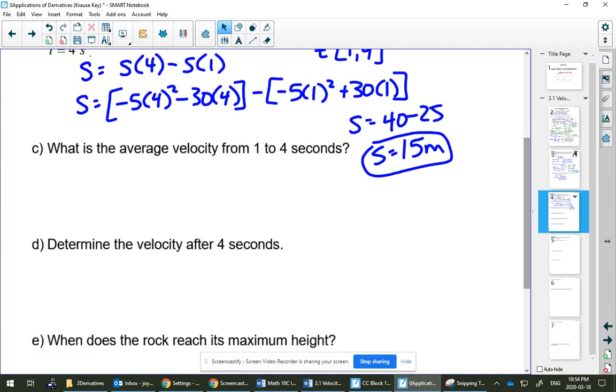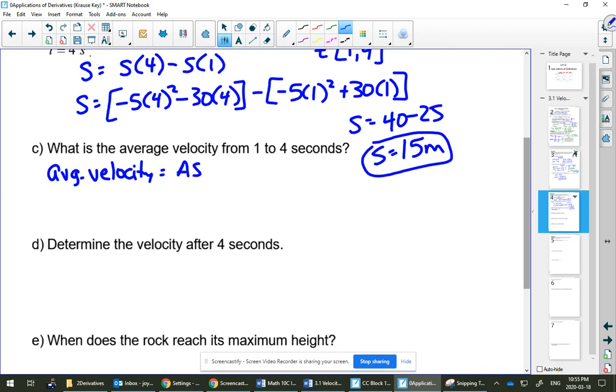If we're asked for the average velocity, if you go back to the first page of your notes, if we're asked for the average velocity from 1 second to 4 seconds, we're basically looking at that slope formula. So the average velocity is the change in displacement over the change in time. So the position at time 4 minus the position at time 1, all divided by time 4 minus time 1.